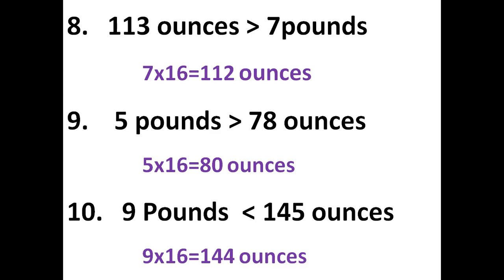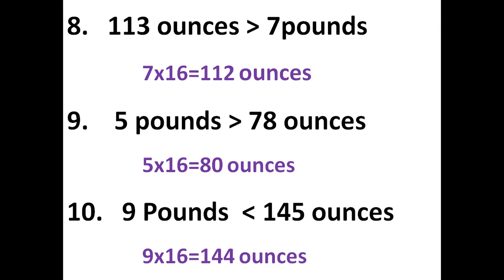In number 8, 113 ounces and 7 pounds. You can see the working in the next line. 7 pounds, now we are converting it into ounces. 7 multiplied by 16 is 112 ounces.